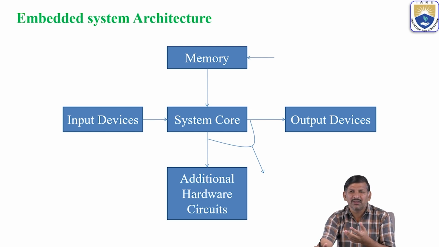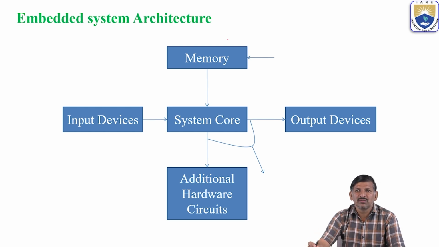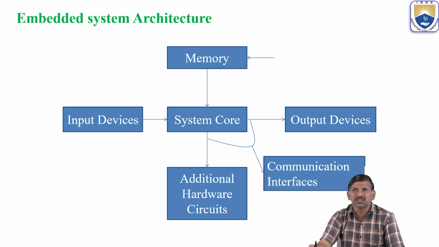Based on the requirement, we may use any of them. Next, for sharing information among all these devices, we require communication interfaces. Communication means sharing the information between all these peripherals.